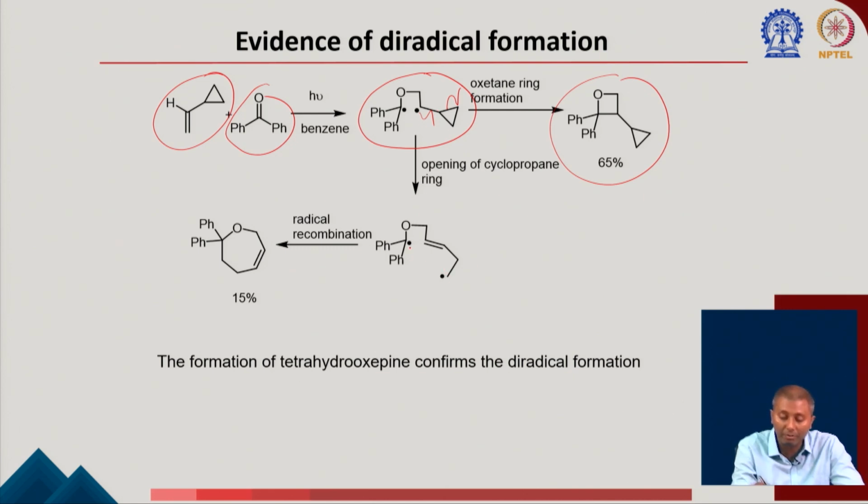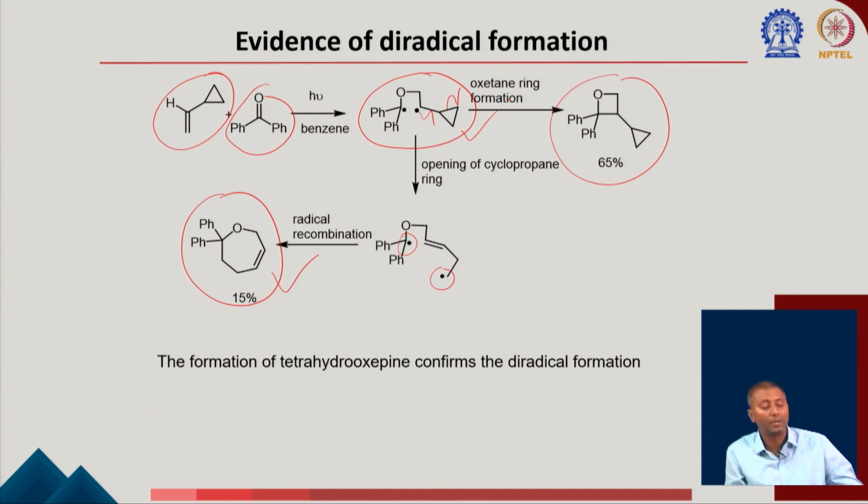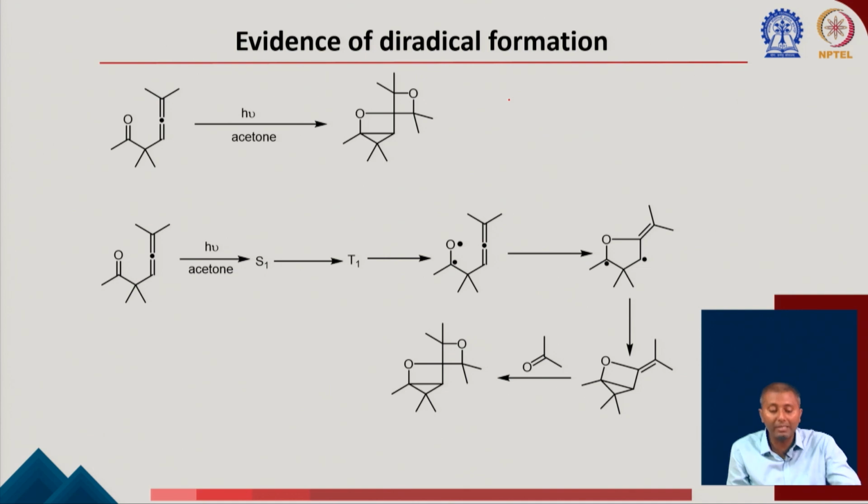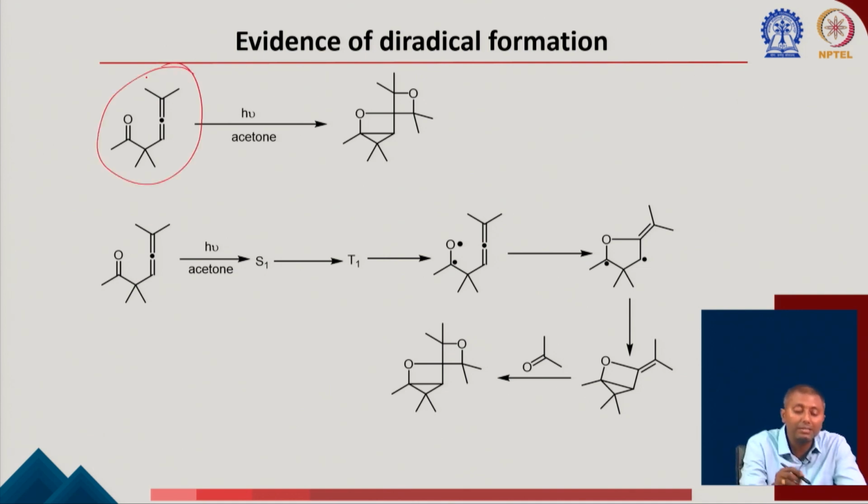Then there is radical recombination between these two radicals, which can form this tetrahydropyran. Once the tetrahydropyran forms, that confirms that there has been some sort of biradical formation. There is other evidence in this particular reaction. So there is an allene here and there is a carbonyl compound.